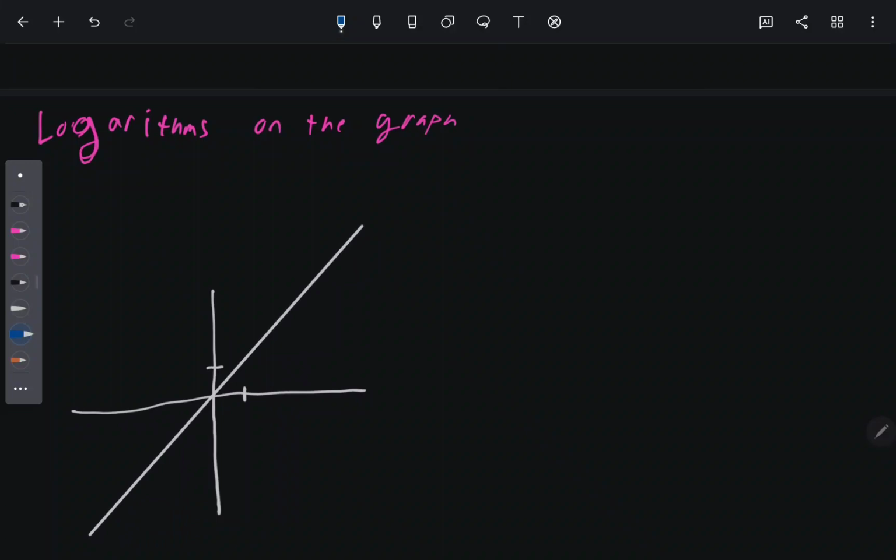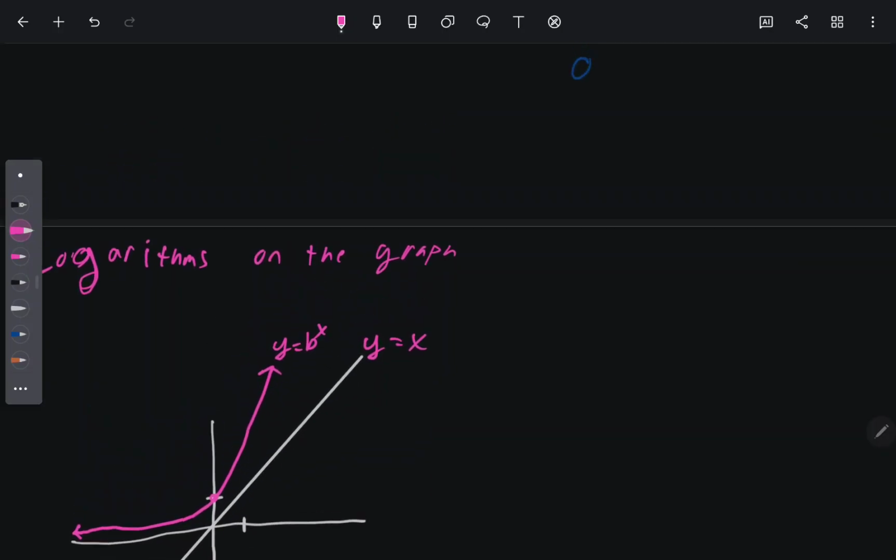Alright. Let's look at the exponential graphically for a moment. Well, all exponentials will go through the point 0, 1, as long as they have not been shifted, and they will look something along the lines of y is equal to b to the x. This line that I've drawn out is y is equal to x.